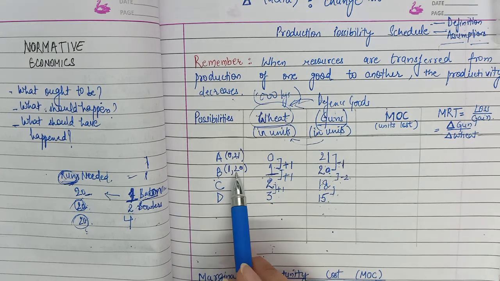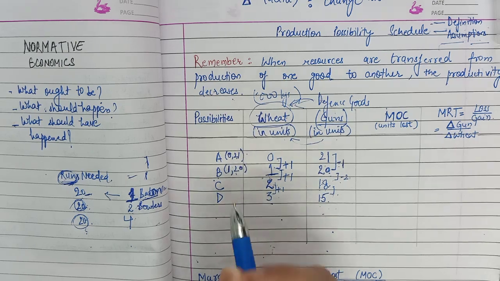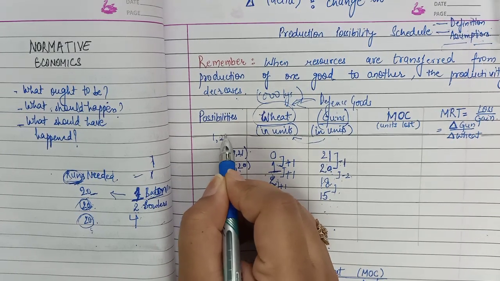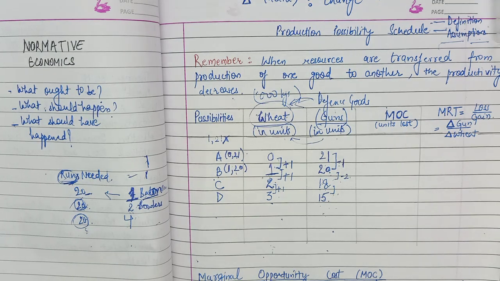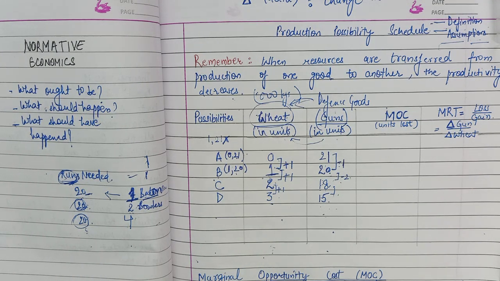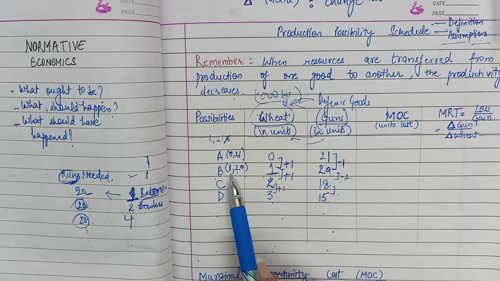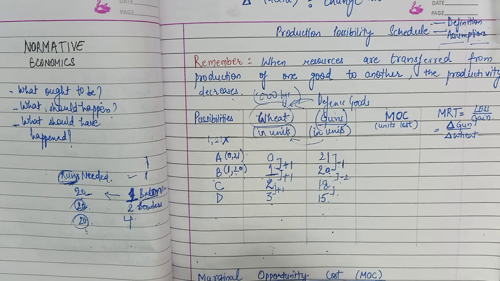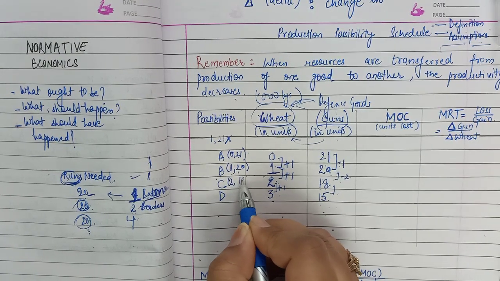Here, 1 and 21 would not be a possibility, because when we shift resources from guns to wheat, guns production will fall to 20, and wheat's production is 1. The next possibility for our country is 2 units of wheat and 18 units of guns.